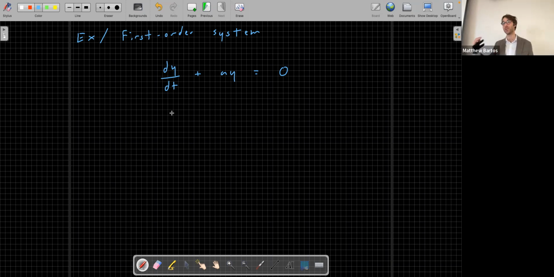Right, so there will only be one root of this characteristic equation. So we only need one initial and/or boundary condition. So very good. Our initial condition, let's just say that it's equal to 2. Okay, so let's put this into practice. So what do we do to find the solution to a system like this?